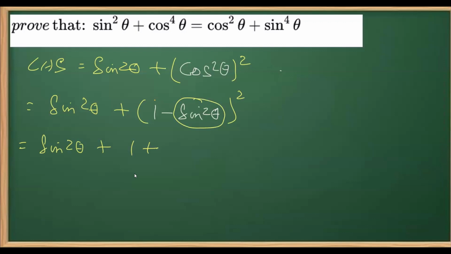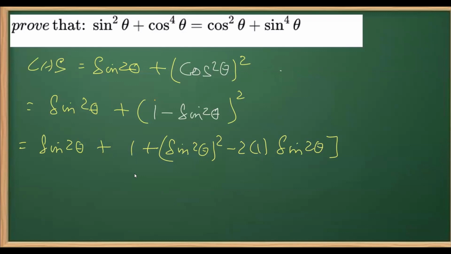That means square of this, plus b square. Square of this is what? Sin square theta whole square. Minus 2 times a, which is 1, and b, which is sin square theta, right? So what I have done is simply applied the a minus b whole square identity here.